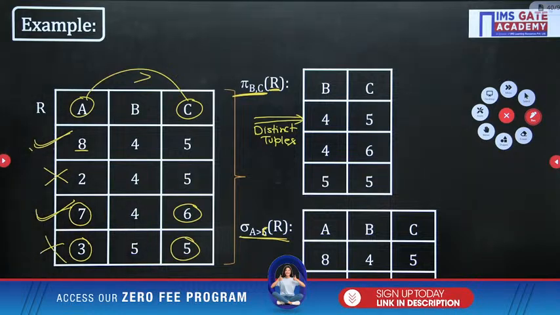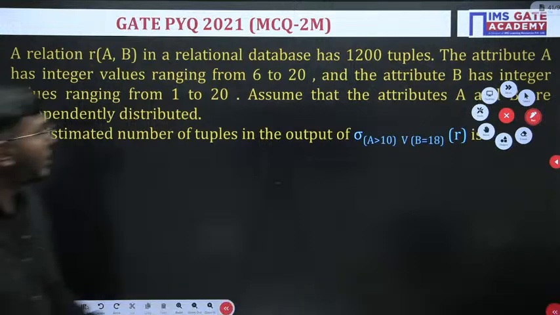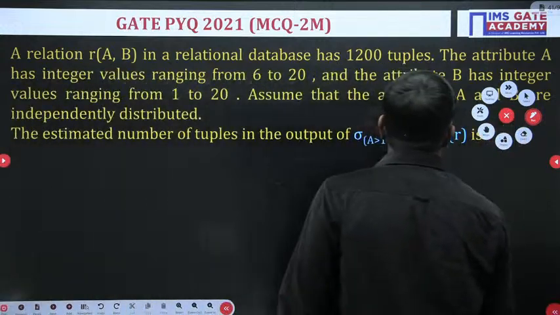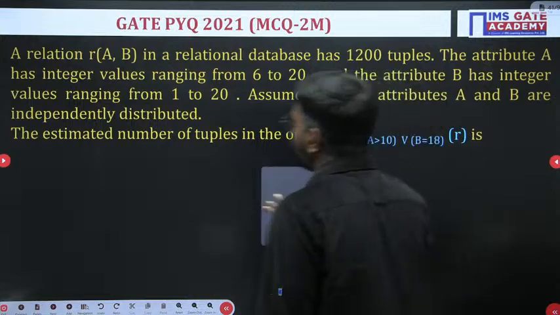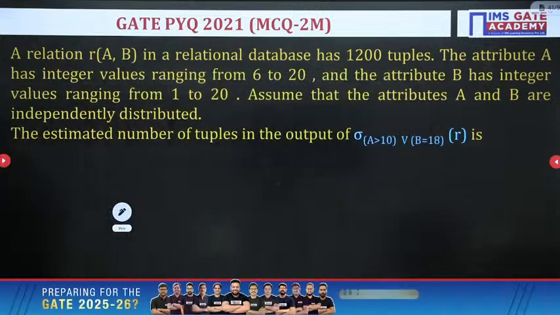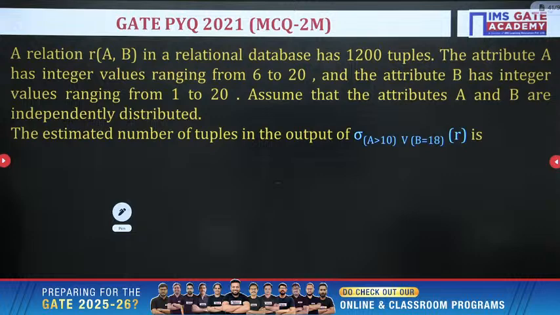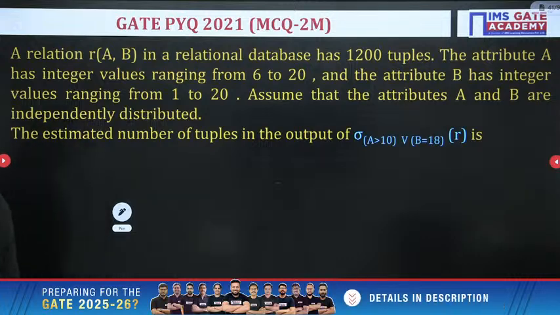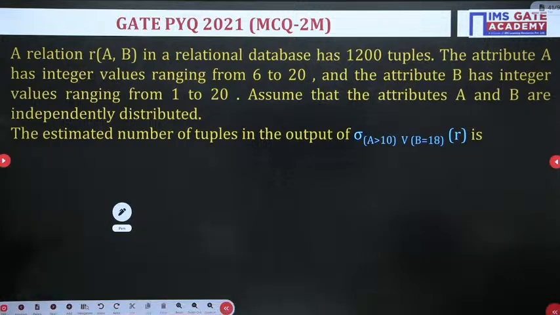Okay, now let's solve this PYQ quickly here. 2021, 2 marks question. Quickly try to solve these questions. Try to solve these questions based on some probability. Okay, a mathematical concept is required here. Try. Simple, basic.